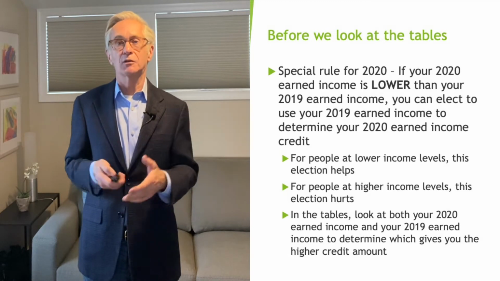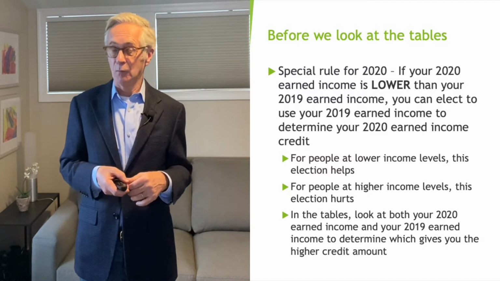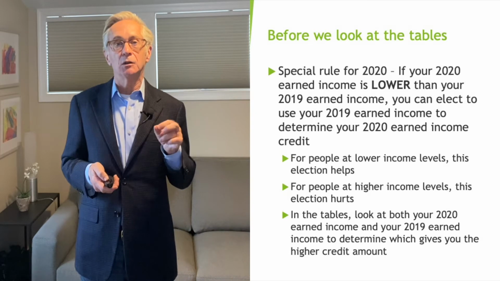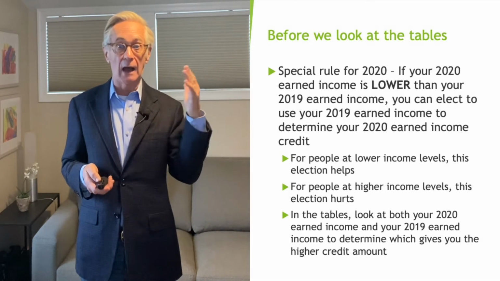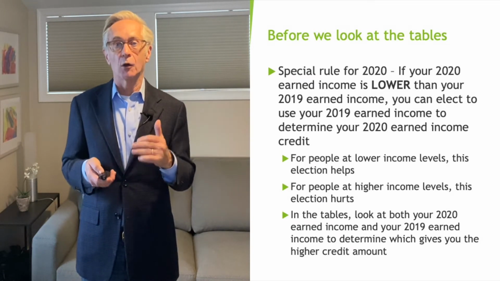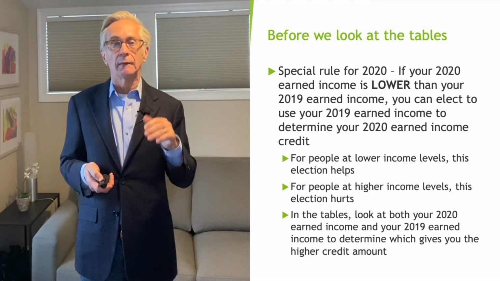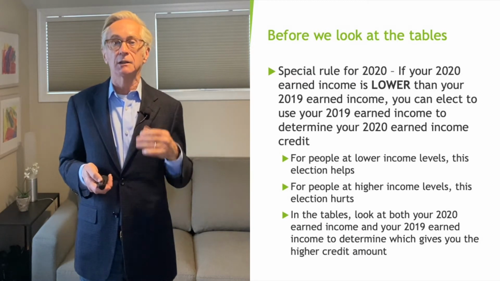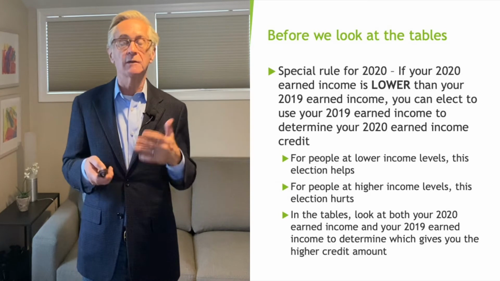So they created this special rule that says if your 2020 earned income is lower than your 2019 earned income, then you can elect to use your 2019 earned income, in other words, the higher earned income, to determine the amount of your 2020 earned income credit. And they created that rule because they didn't want the drop in earned income between 2019 and 2020 to result in people getting a lower earned income credit for 2020. So it's a very nice rule.